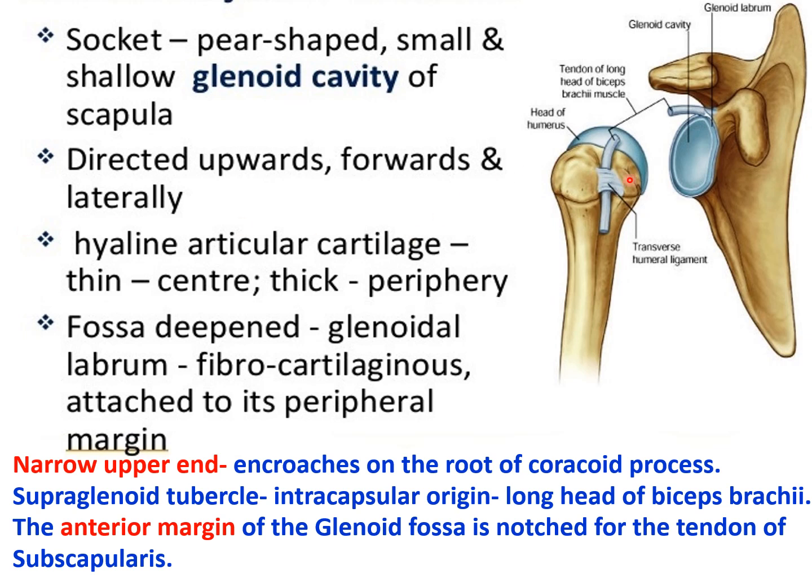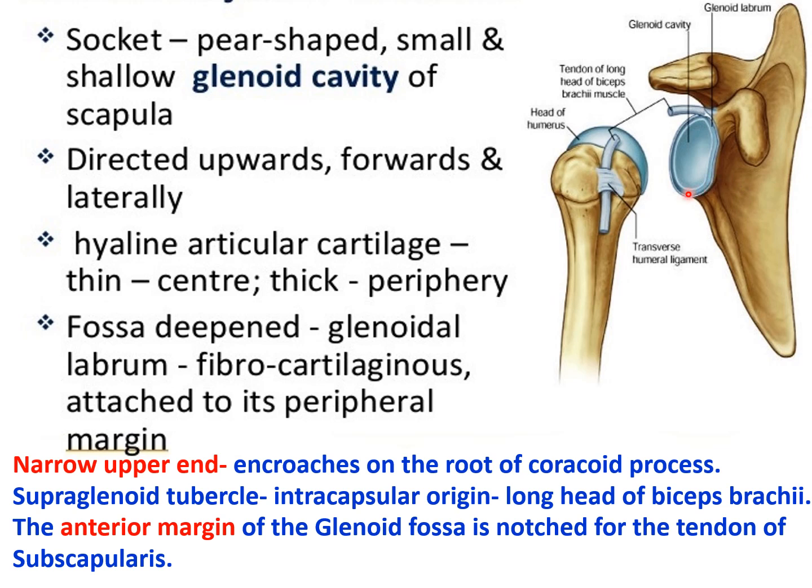The narrow upper end of the glenoid cavity encroaches onto the root of the coracoid process and has a supraglenoid tubercle, which has an intracapsular origin of the long head of biceps brachii, and the anterior margin of the glenoid fossa is notched for the tendon of subscapularis.